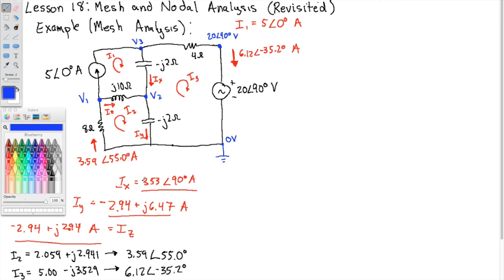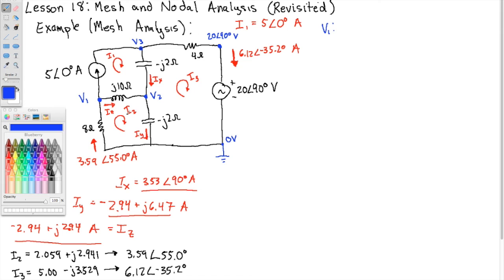So now, using those currents, we can use Ohm's law to get the voltages. Let's start with V1. In the direction of the current, I know this current, and I know this resistance, so I should be able to get the voltage.